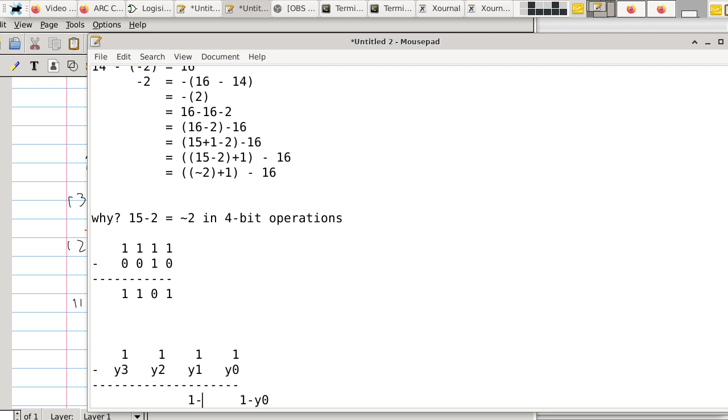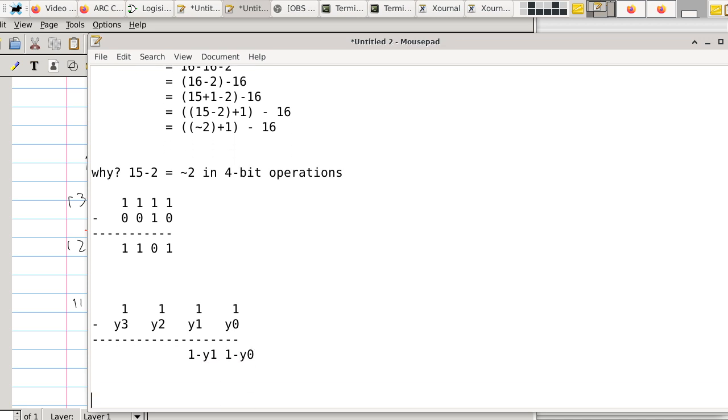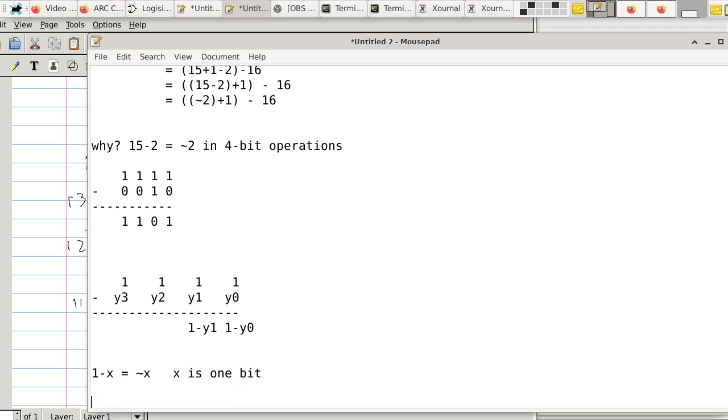And this is just 1 minus y1, and so on. But the question is, is 1 minus y1 really the same thing as the bitwise not of y1? Let me reformulate the question because that's the essence. Can we say 1 minus x is really just the bitwise not of x, assuming x is just 1 bit? Okay, x is 1 single bit.